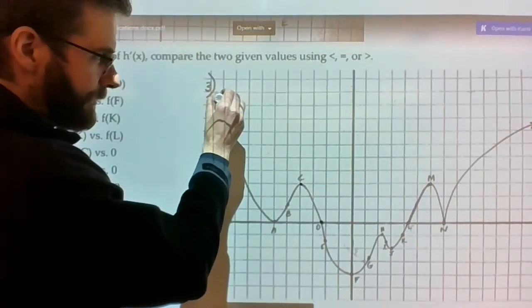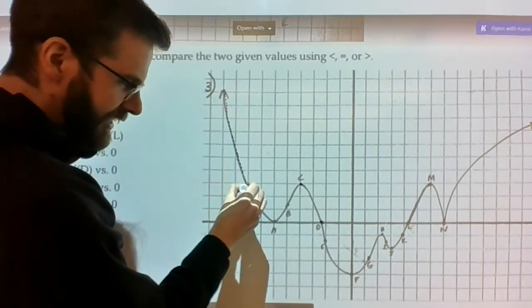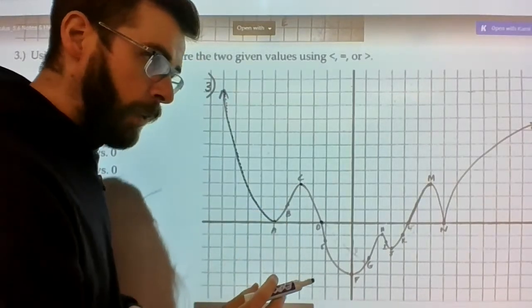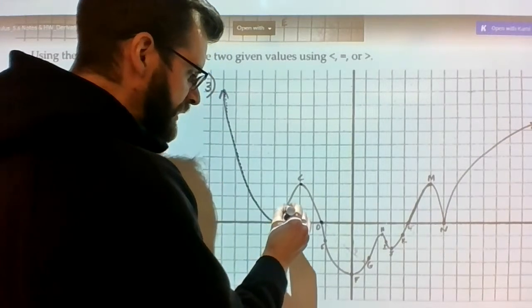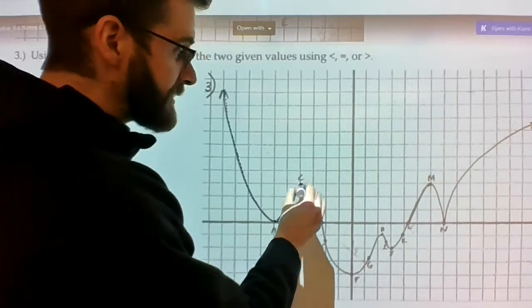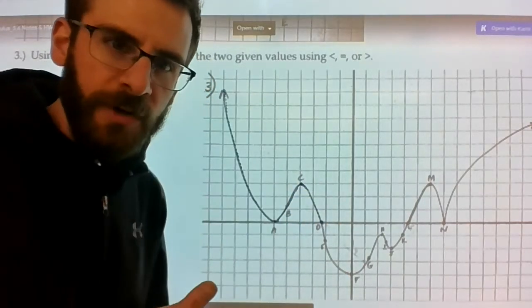I'm increasing, increasing, increasing in value, still increasing in value. Wait, I'm increasing again. Still increasing. Why was I increasing that whole time?